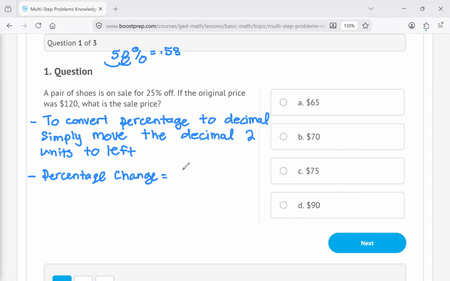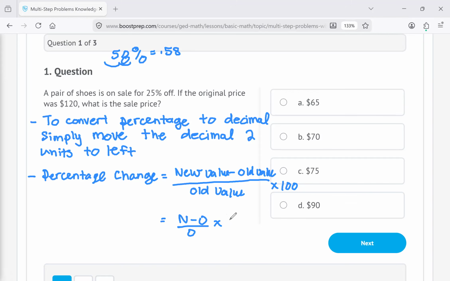Basically, you take the new value minus the old value, divided by the old value. And then don't forget to times by 100 because they usually want a percentage. You can also say new minus old over old times 100. Okay, that's it.